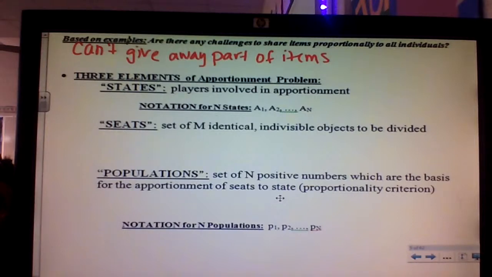You should be able to look at a problem and tell me who the states are. So ask yourself, who gets? Who is getting in the problem, or who receives the items?